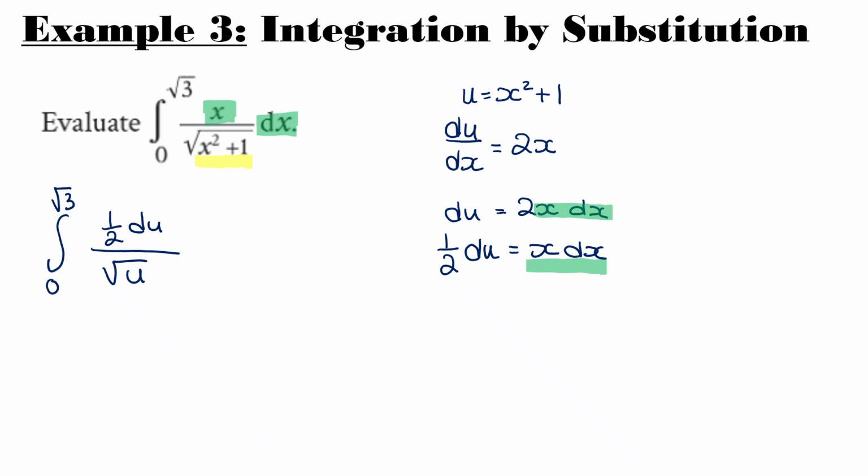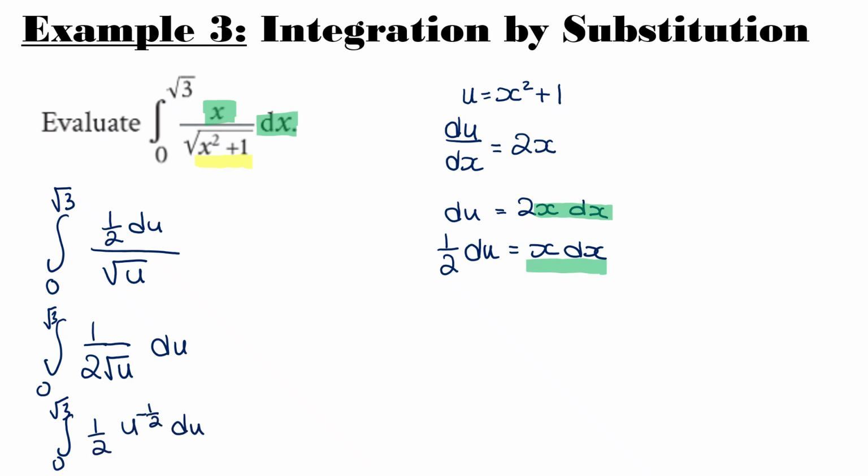I'm just going to tidy this up a little bit so it's easier for us to manage. So that is 1 over 2 is on the bottom and the root u is on the bottom, and then we have du. So in terms of what that is, it's a half. Bring the root u over, that's u to the power of minus a half du.